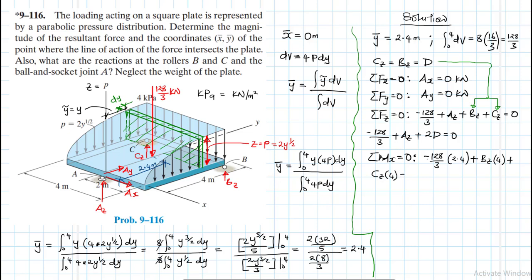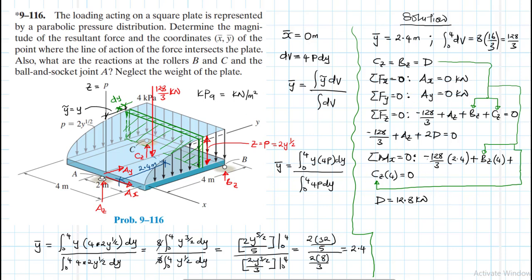So if we replace again, we replace this d there. Remember we said we replace d there. We also do the same and replace d there and make d subject of the formula. Then what we are going to find is d is equal to 12.8 kilonewtons. So we know that this 12.8 is equal to Bz is equal to Cz.